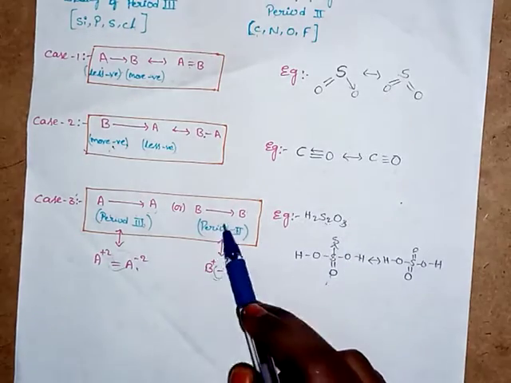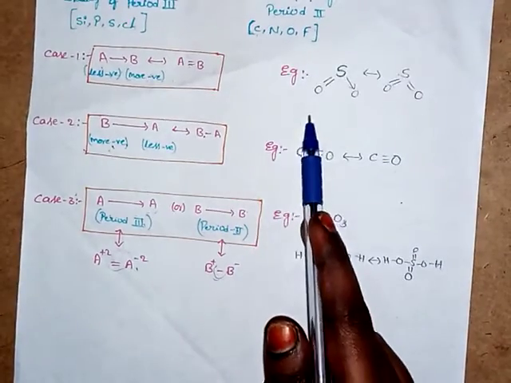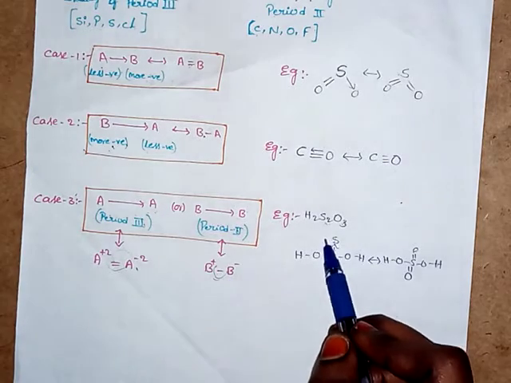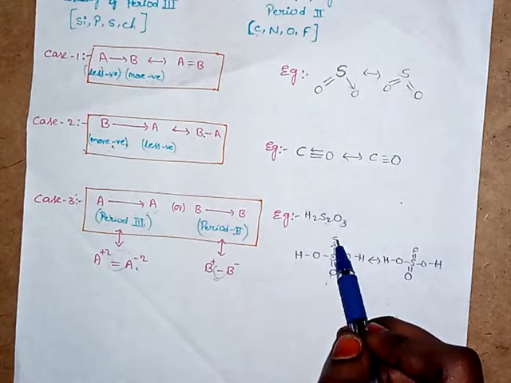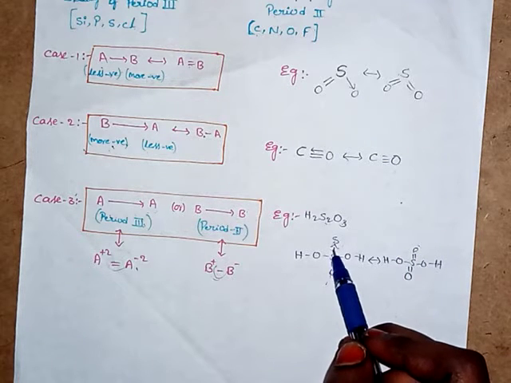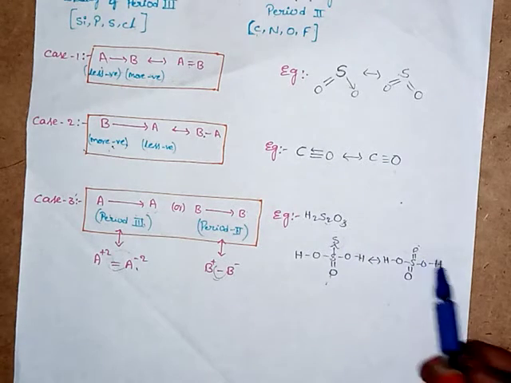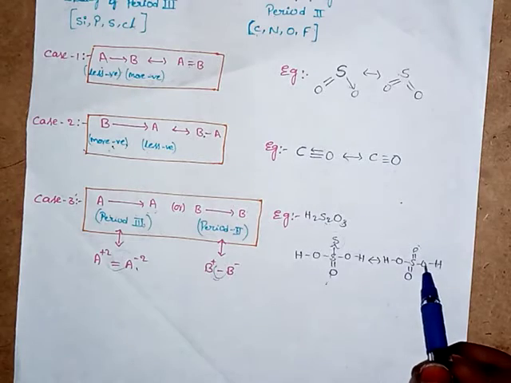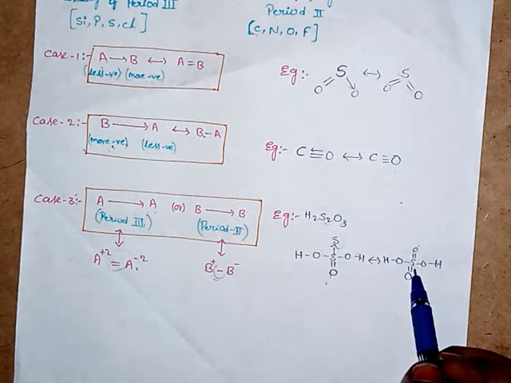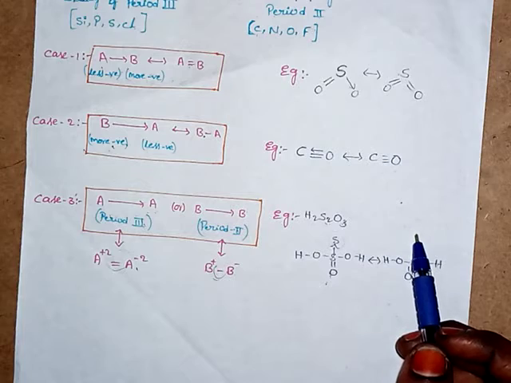In this representation, B is a more electronegative atom, so a single bond will form. Here sulfur is a period 3 element and oxygen is a period 2 element. Sulfur will transfer to the oxygen atom, then SO4 will come, with 4 oxygens.